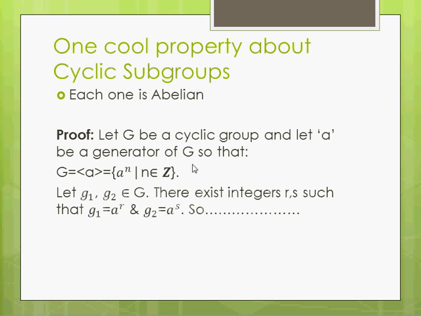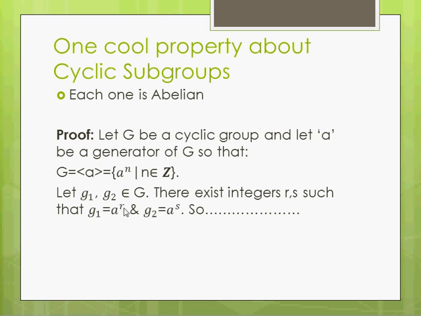So we start out, we have 2 elements in our group, and we can rewrite those two elements as A to some power, because our group is made up entirely of elements that are A to some power.